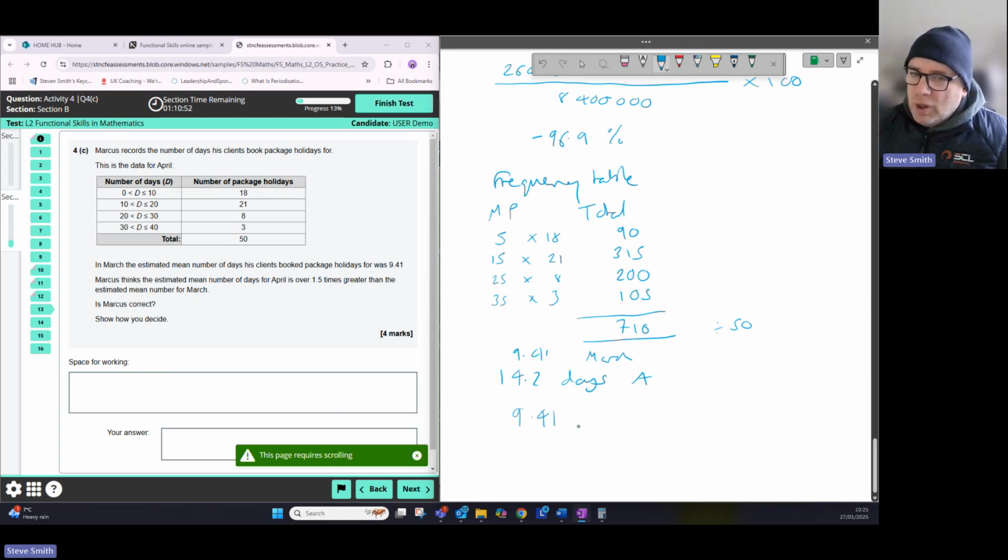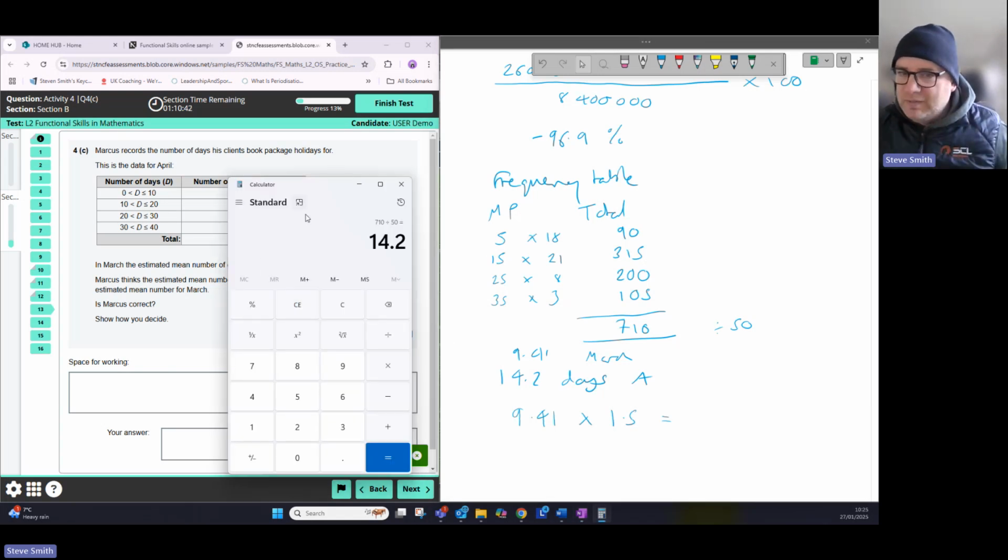Is he correct? So that's the important part there, the bit at the end where it gives us a little bit more math to do.